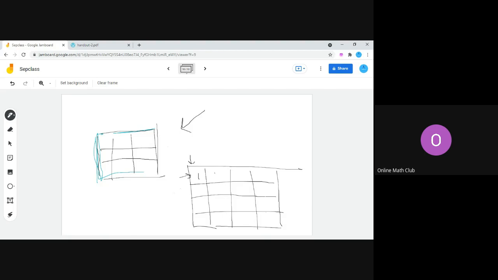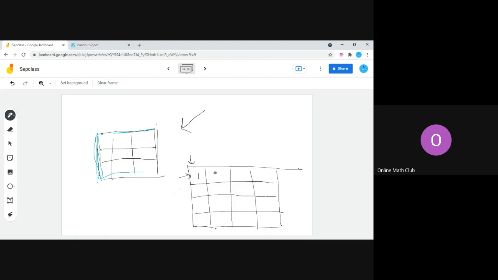Use some symmetry. Again, that sounds really vague, but you can't say anything very specific in general, by definition.